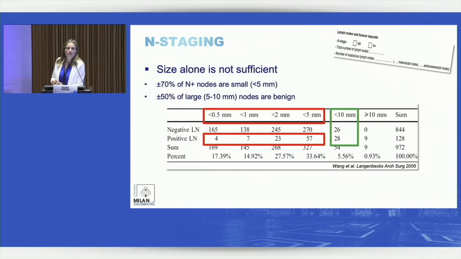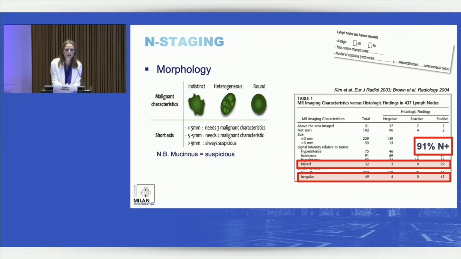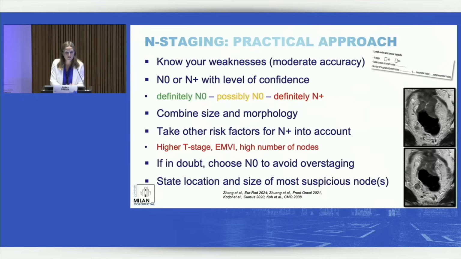As I said, it's really difficult. If you look at size alone, we know that's not sufficient, because around 70% of the positive lymph nodes are small, less than 5 millimeters. And it's 50-50 for the large lymph nodes being benign or malignant. So we need other features to look at. We can use the indistinct border, heterogeneous signal, or the round appearance of the lymph nodes. And if we combine all these characteristics, we might have an increased accuracy to make the differentiation.